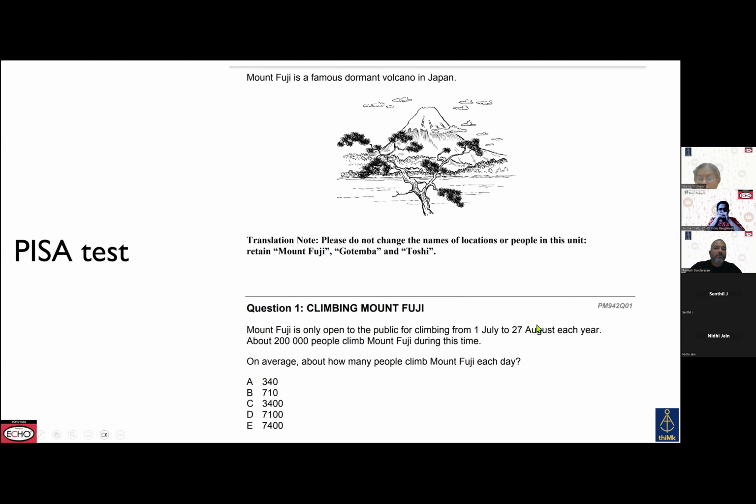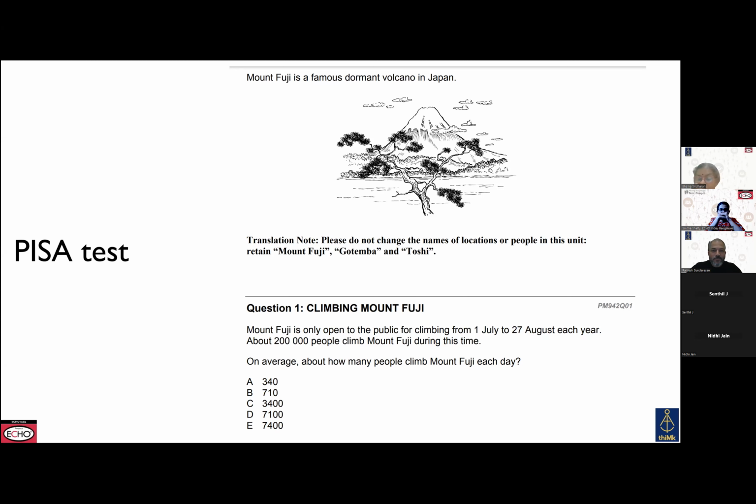Okay, so now this is a question, by the way, which was asked. There is a test called the PISA test. The PISA test was administered, and a lot of Indian kids also took it about 4 or 5 years back. The question is as straightforward and simple as this.